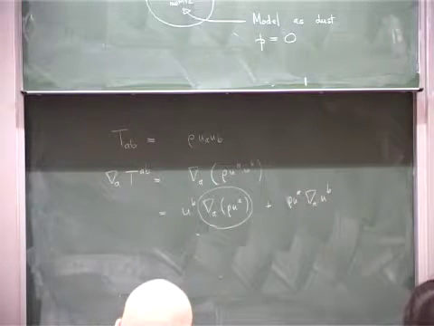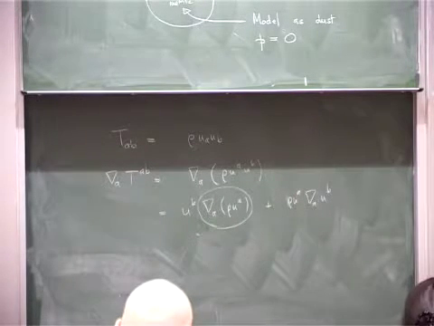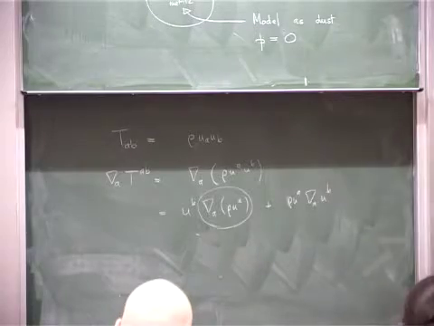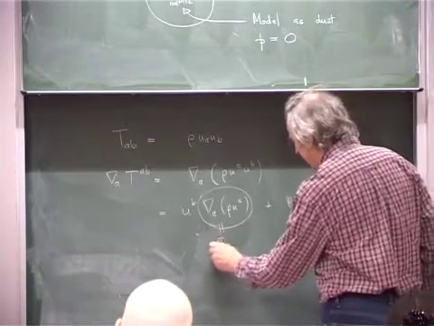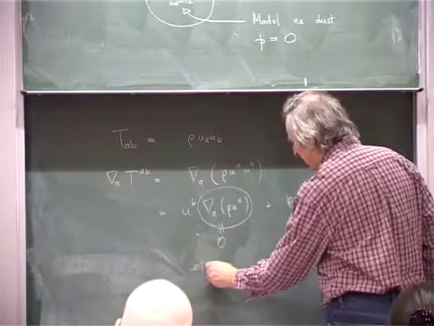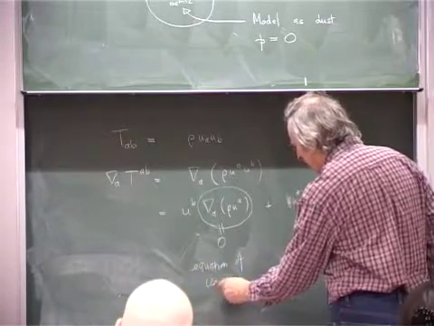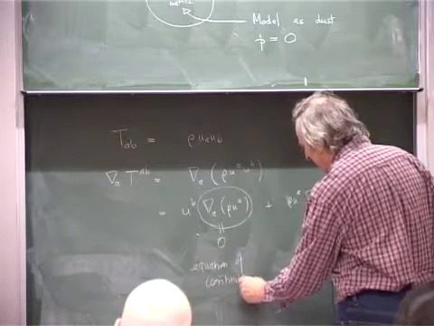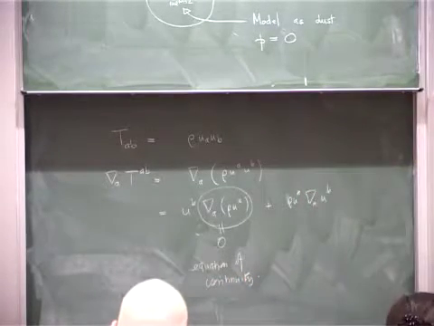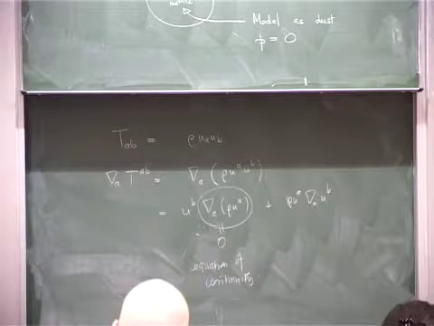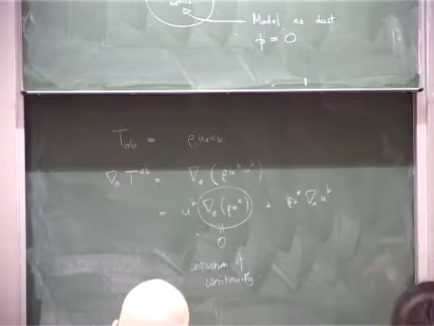Local energy conservation tells you that must be equal to 0. This is the equation of continuity. Therefore, this thing must be equal to 0.